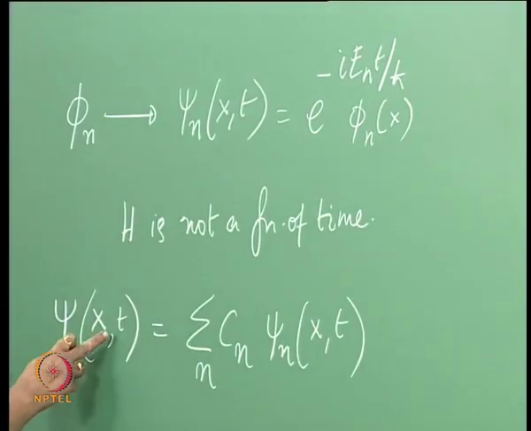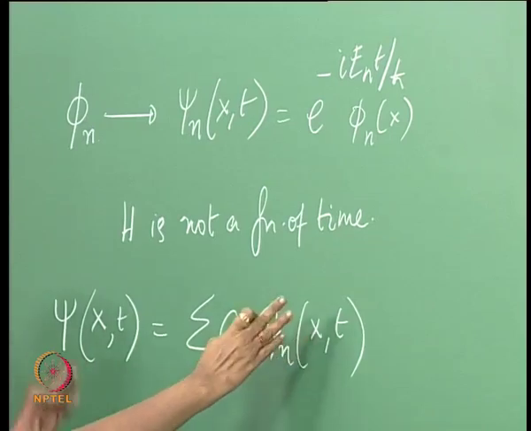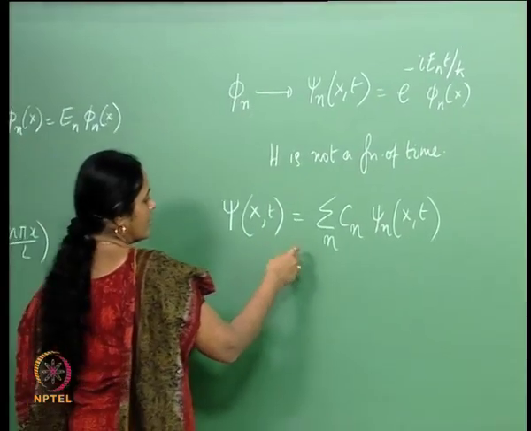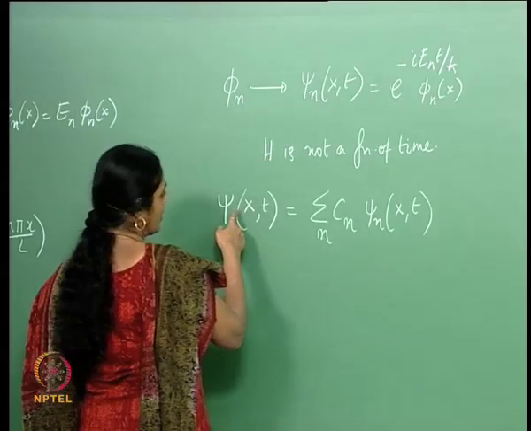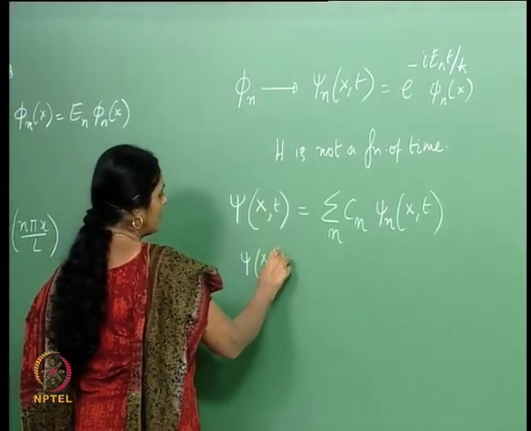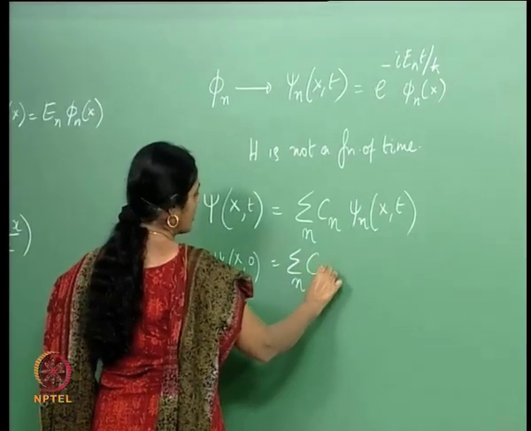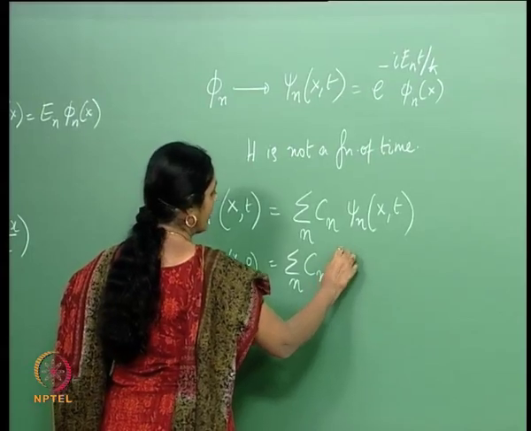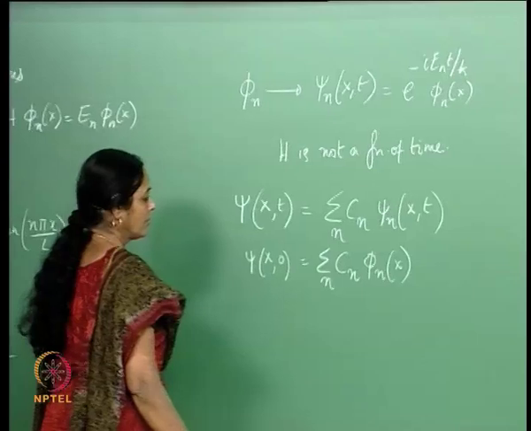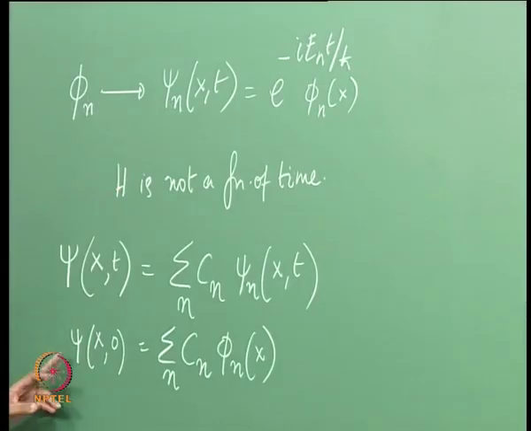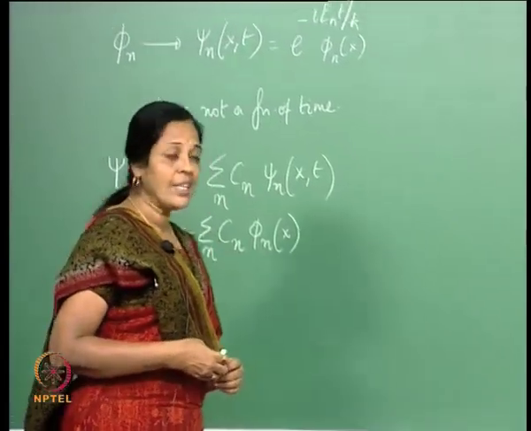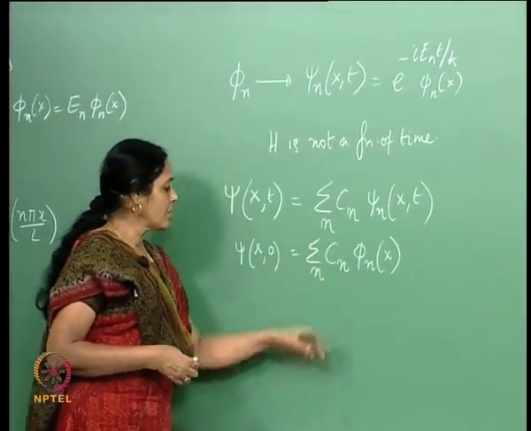So, at any instant of time, this is a linear superposition of the evolved eigenstates of the Hamiltonian, and it is clear therefore that at time t equals 0, psi of x is simply the sum of C n psi n of x 0, which is phi n of x. So, now let us start with arbitrary initial states psi of x comma 0 and see how exactly it evolves in time. In other words, one wants to find out what the C n's are.